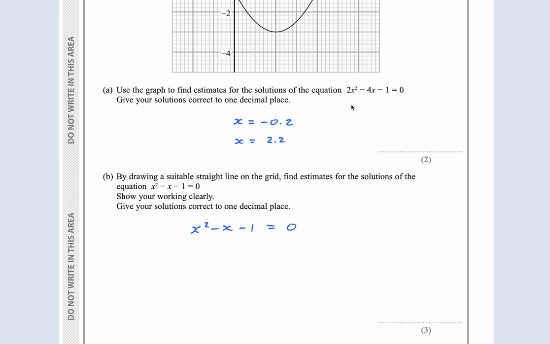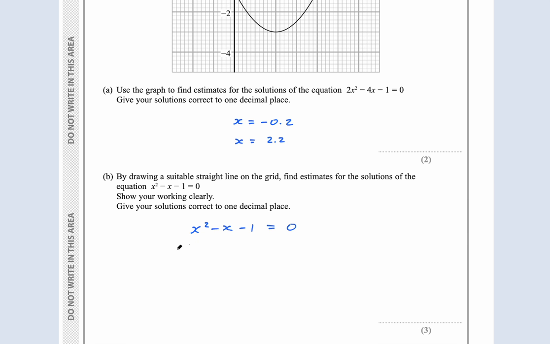Now, how can I turn it into that? The first thing I'm going to do is multiply across by 2, because I need this 2x squared here. So I'm going to multiply everything by 2.